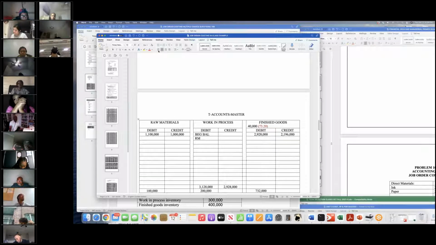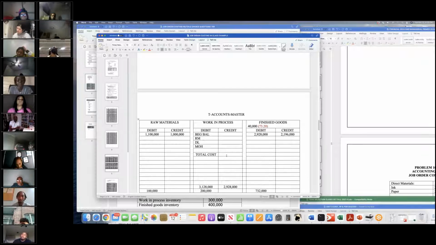You have next the direct labor. You have estimated manufacturing overhead. And then you have the total cost for the period.